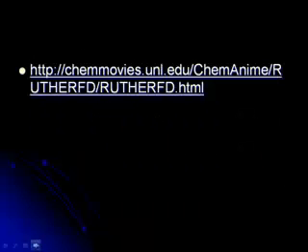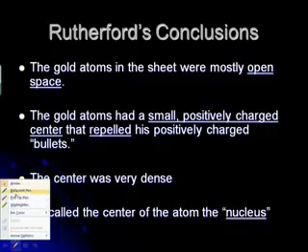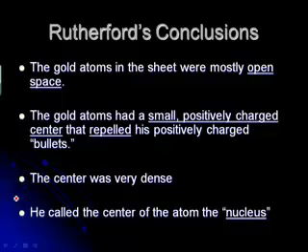All right, so now what does this mean? These are lined up with his observations. So these are his conclusions. One is, since most of the alpha particles passed straight through, he concluded that the gold atoms were mostly open space, empty space.